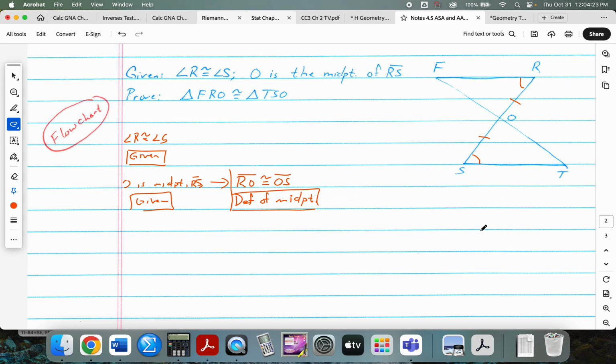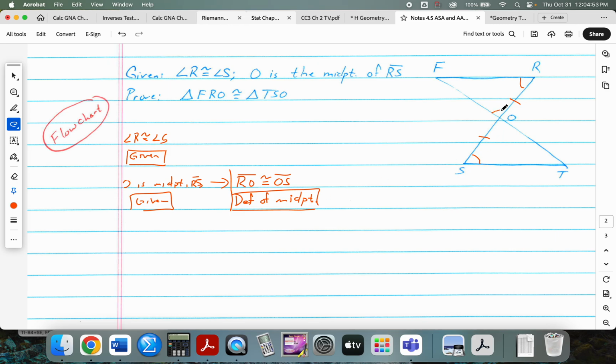All right, so I've used the two things that I was given. Is this enough to prove the two triangles congruent yet? No, you always need three things, right? You've noticed that side, side, side, side, angle, side, angle, angle, side. So I've got to get something else, which means it's got to come from the diagram. What is it that we can see in the diagram that we know is always going to be congruent? Vertical angles.